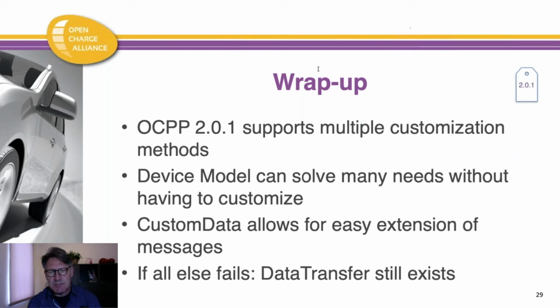And suppose the central system that you're sending it to, or the CSMS in 2.0.1 as it's called, has not implemented this customization, then the JSON parser will not break on that, because it's specifically defined in the schema that this custom data can have optional elements. But it will just get this custom data element with a vendor ID that it doesn't know and some properties that it doesn't know what to do with. So it will simply ignore it in that case. So you should be aware that that's possible.